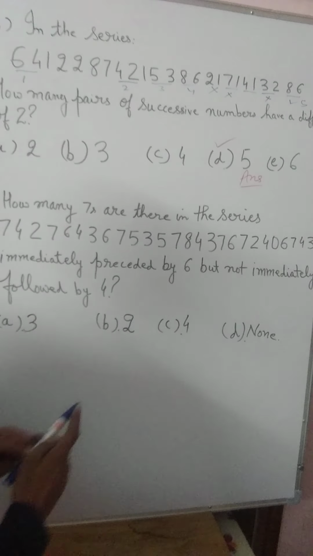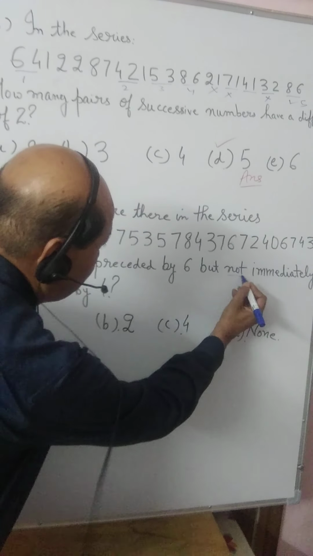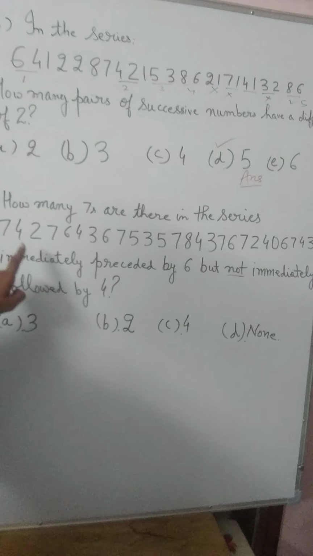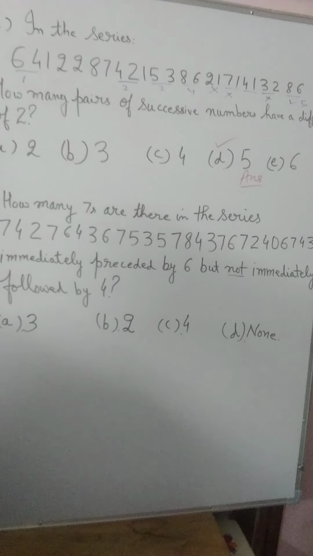It means we should have those numbers in which before 7 we have 6 and after 7 we do not have 4. So let me find those combinations.